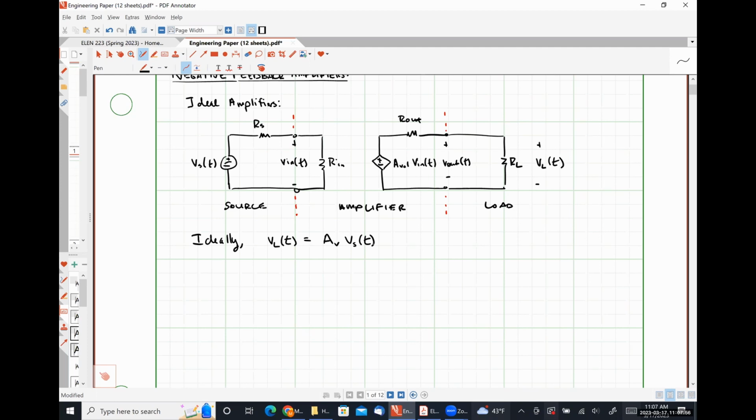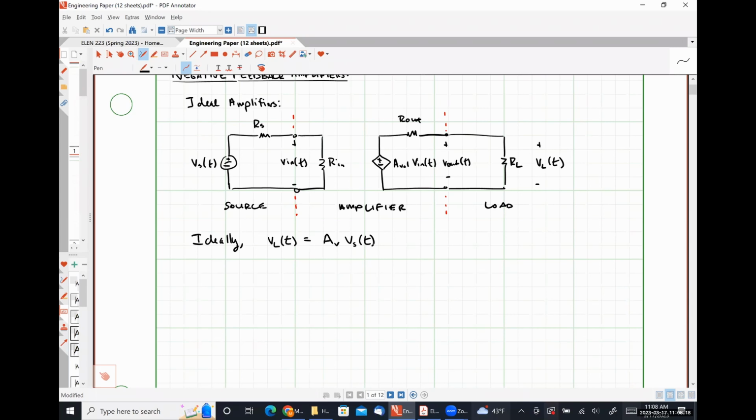Let's start with the input side of things here. Actually, I'm spitballing here. I'm thinking about us doing this in a slightly different way. Let's think about this mathematically instead of conceptually.